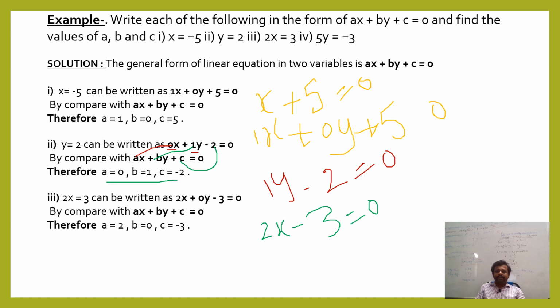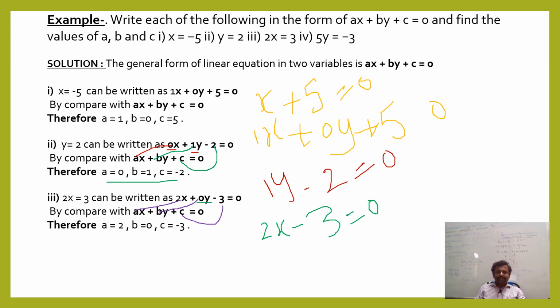There is no y term, so you can write this as 0y. By comparing with ax plus by plus c, a is equal to 2, b is equal to 0, c is equal to minus 3.